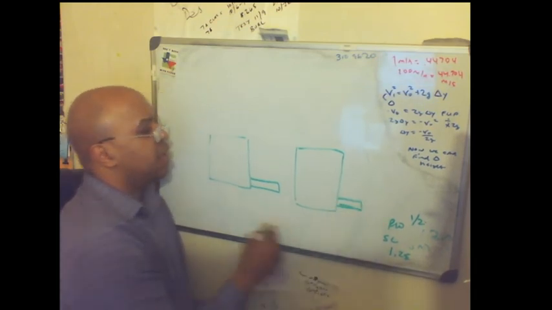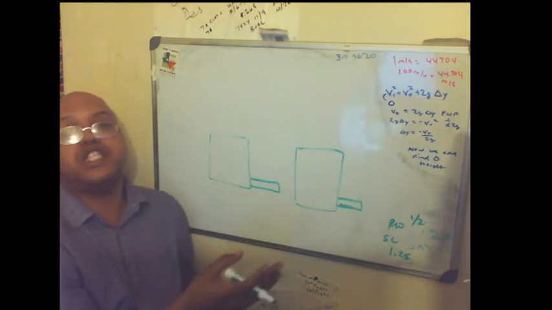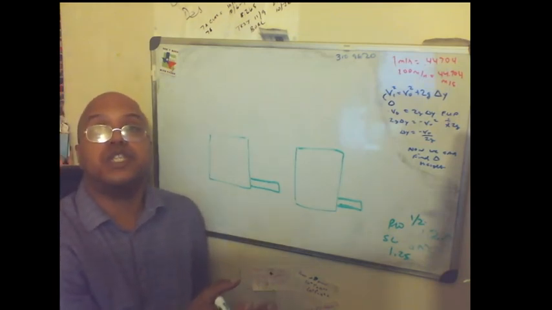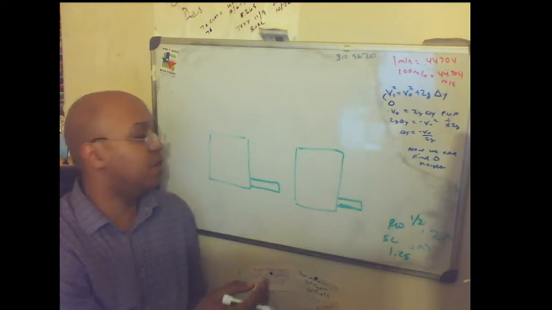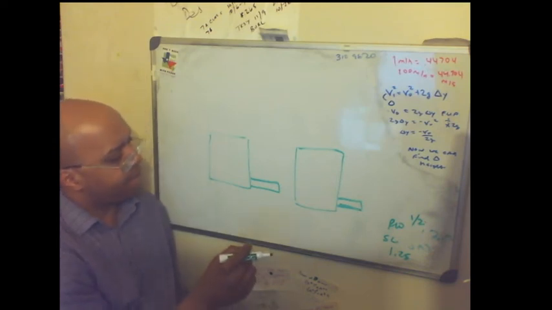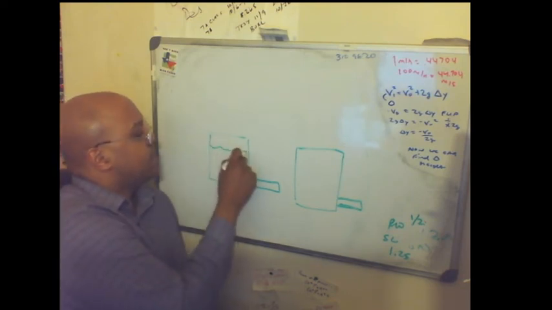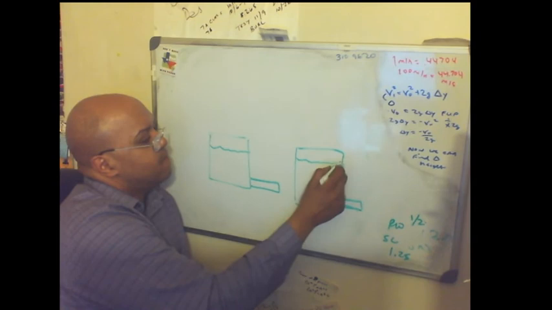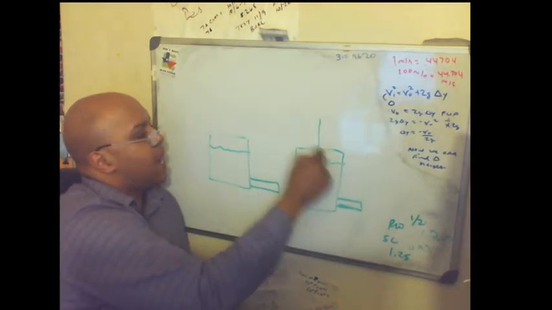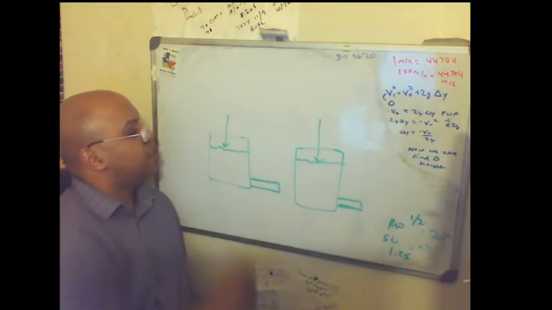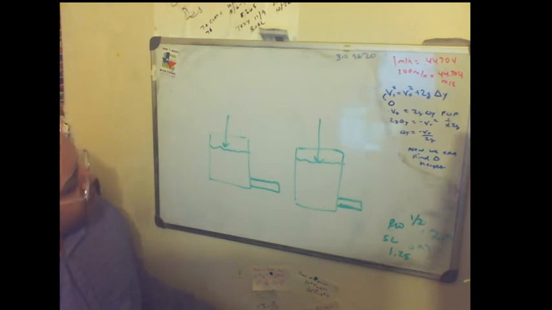And they're asking through which opening will the volume of water exiting be greater? Water level. The atmospheric pressure is going to be the same.